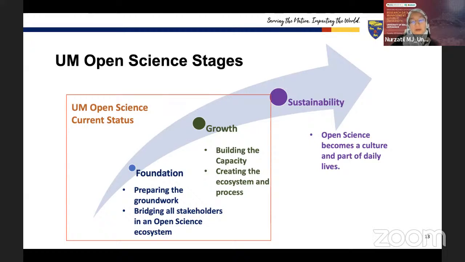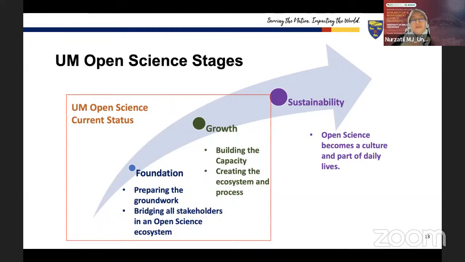We also have our own committees that consist of different stakeholders, so at least we are sure that these different stakeholders have a similar idea about where we are heading in the future, in an open science or RDM ecosystem.